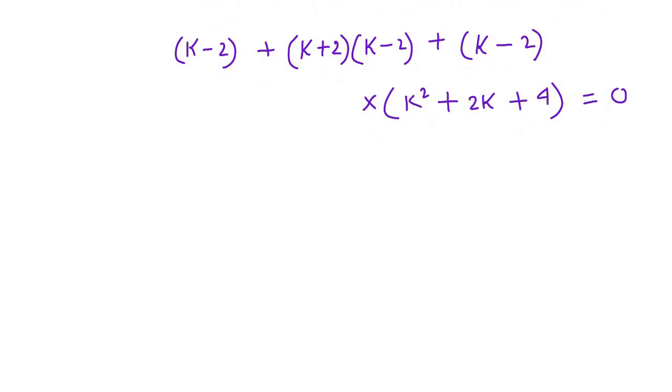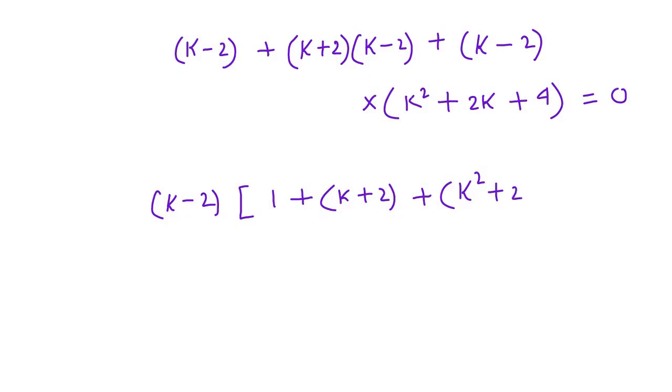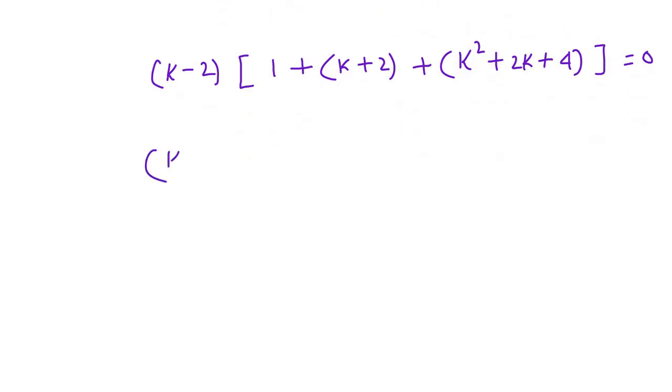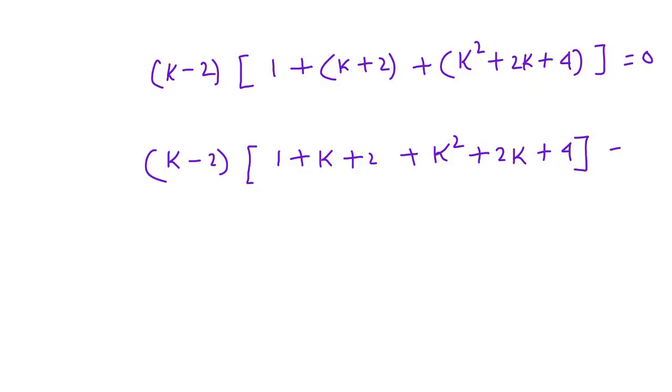Then we can take the common term, which is k minus 2, and we can write k minus 2 times 1 plus k plus 2 plus k square plus 2k plus 4 equals 0.